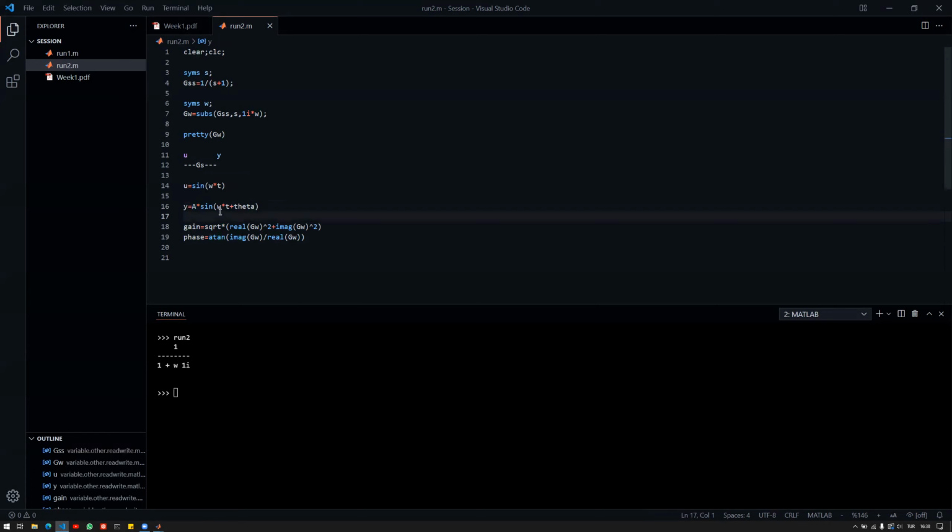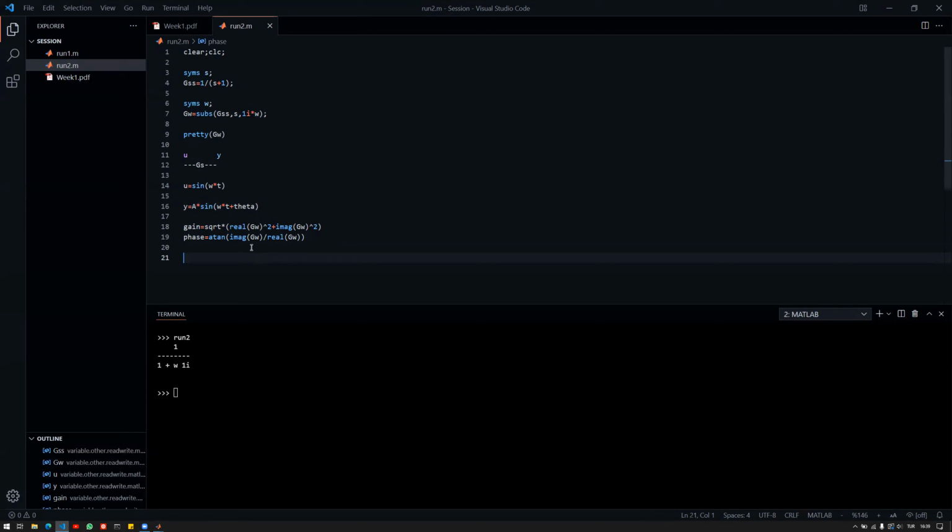I can tell the following. I can say that at this frequency, applying a sine wave with gain 1 and phase 0, I will get the following gain and phase properties with the same frequency. Namely, the gain is calculated using this, and the phase is calculated using this. So this basically means that the transfer function itself gives us the properties of each frequency and the behavior at that frequency.